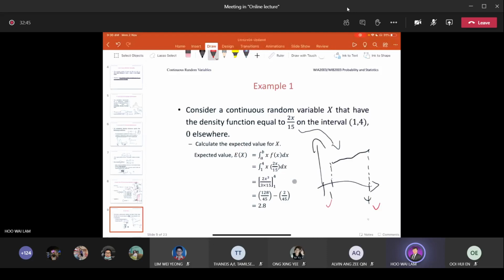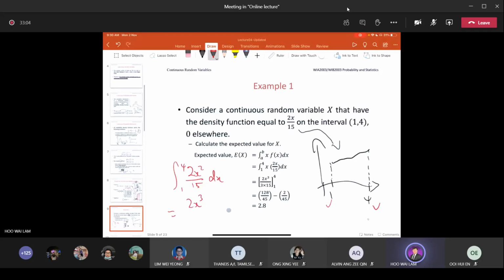For example, over here you are doing 2x squared divided by 15 dx. Differentiation brings the power down, so integration is the reverse: the power becomes 3, 2x to the power of 3, and you put the 3 in your denominator, but not 2. This is how you get this whole thing. And then following the limits 4 and 1.